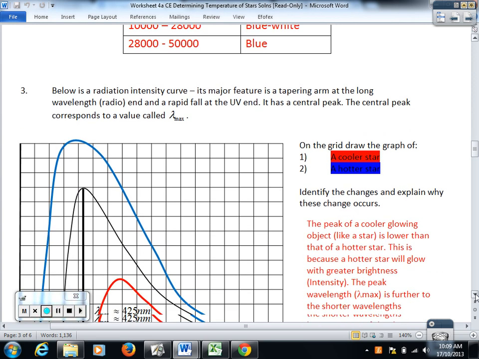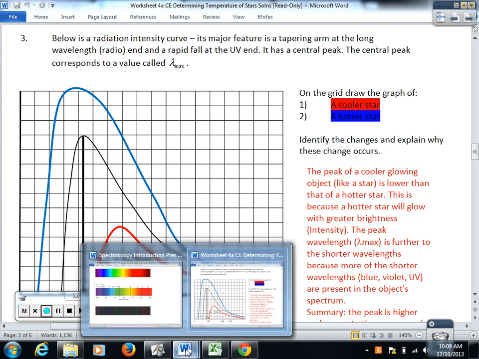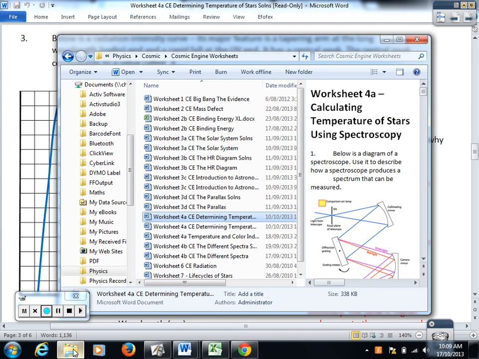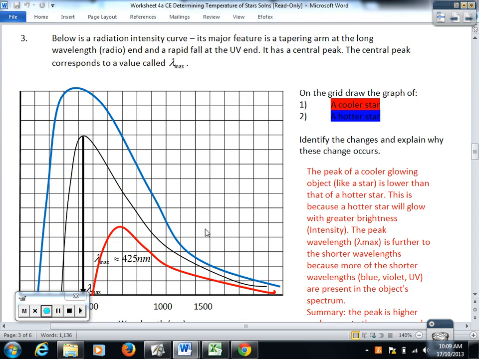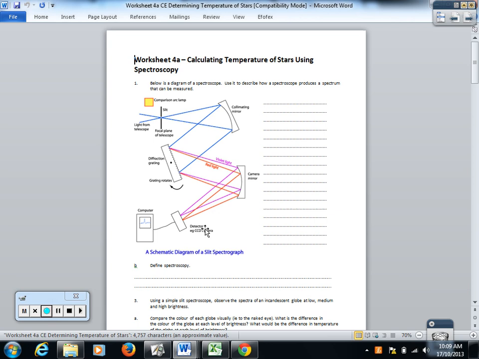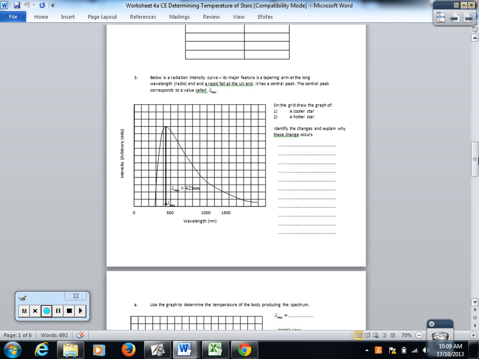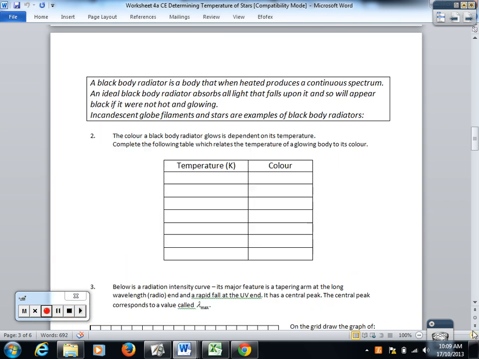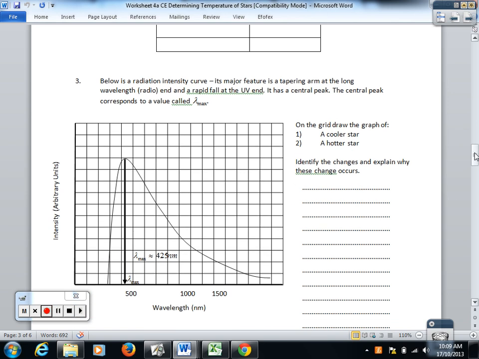Okay. Now we're going on to a person by the name of Wein. Let's get the right one. A scientist by the name of Wein, or Wien.